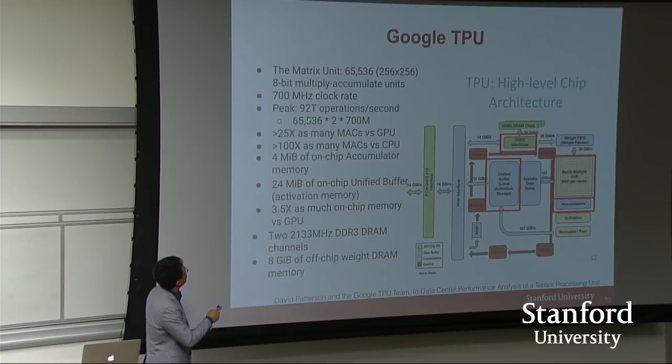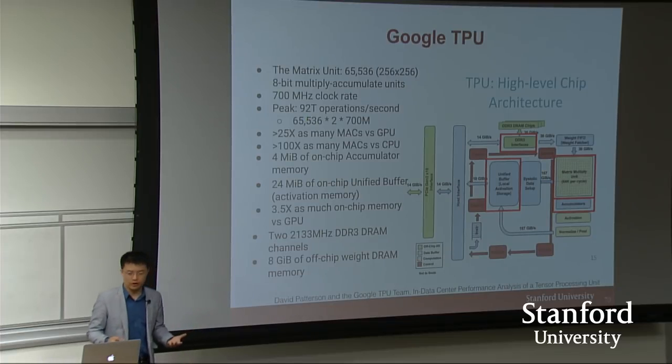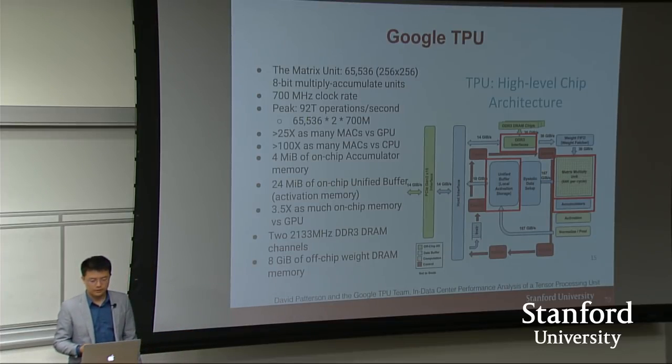Running at 700 megahertz, the throughput is 92 teraops per second, because it's an integer operation, which is about 25x a GPU and more than 100x a CPU.